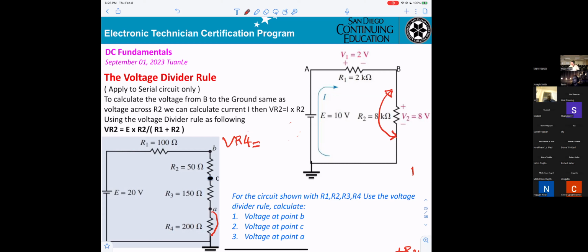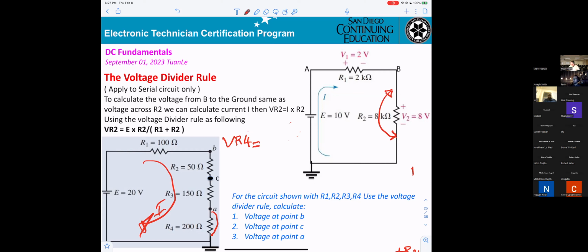How can we apply the voltage divider law? If you're not using the divider, then you have to calculate the current, and after you get the current, you multiply by R4.